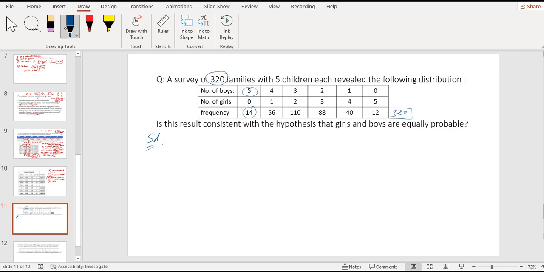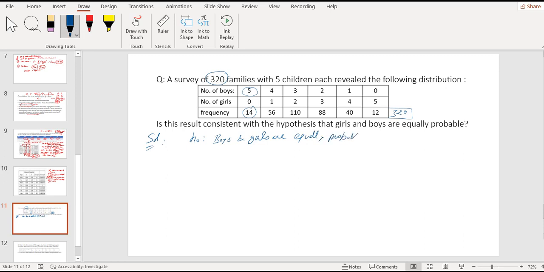The question is: is this result consistent with the hypothesis that girls and boys are equally probable? So we want to check whether boys and girls are equally probable or not. What is the null hypothesis? The null hypothesis is that boys and girls are equally probable.